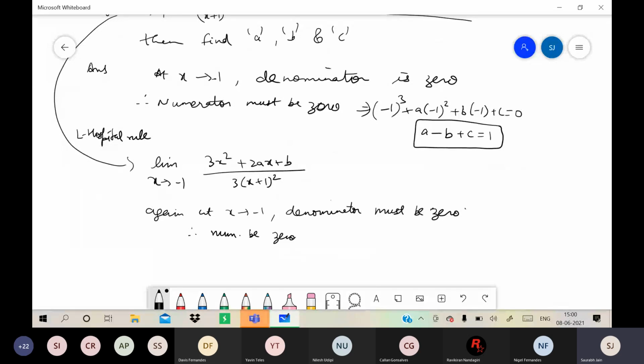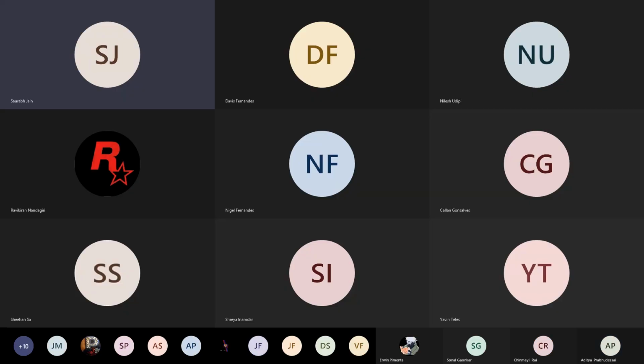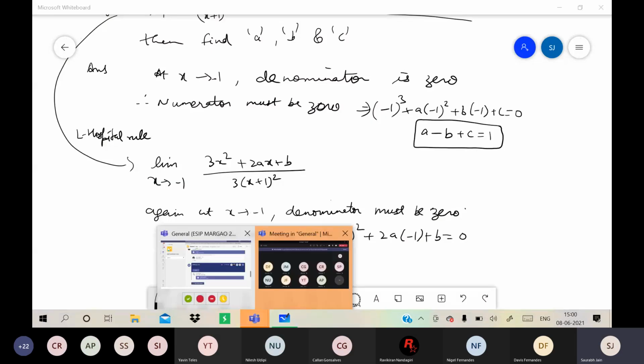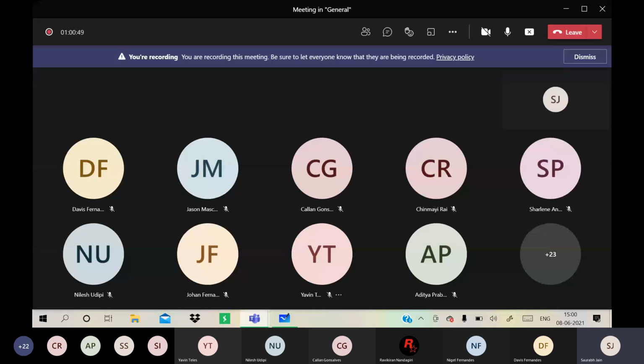That means 3 into minus 1 square plus 2a into minus 1 plus b equal to 0. That means b minus 2a is equal to minus 3. Second equation. Still one more equation is required.